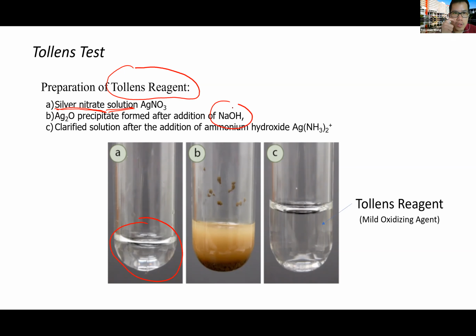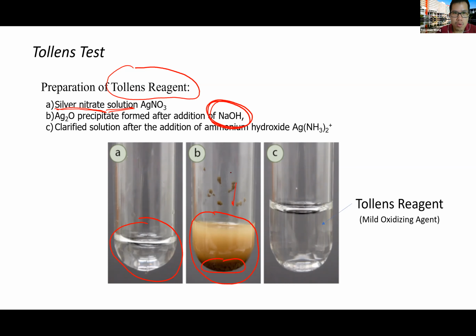After you add the sodium hydroxide, you will form a bit of a cloudy brownish precipitate in the solution. So you cannot use this one. If some students directly use this one, it cannot be, yeah.